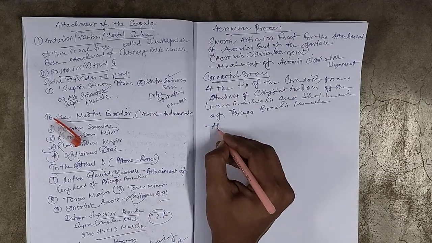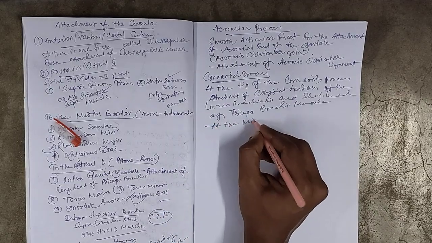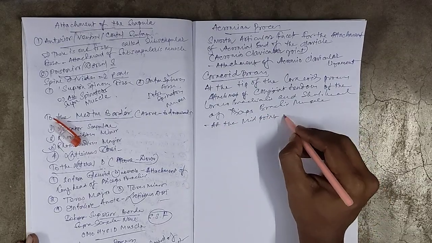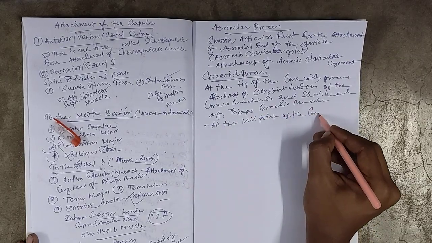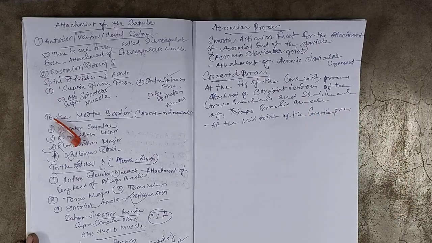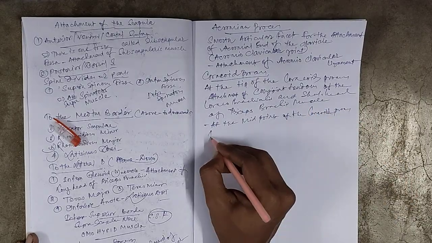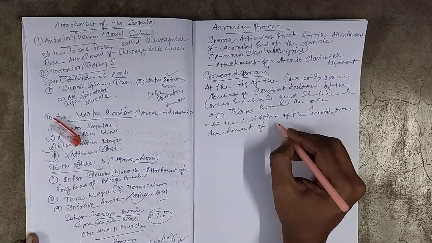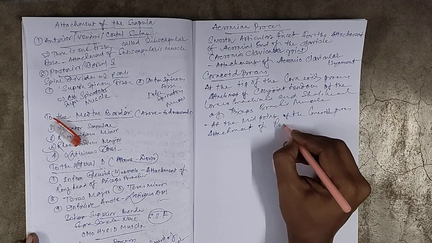And at the midpoint of the coracoid process, there is the attachment of pectoralis minor.